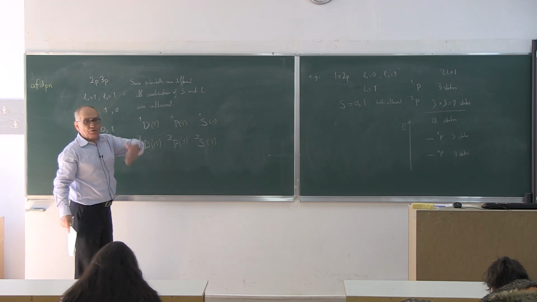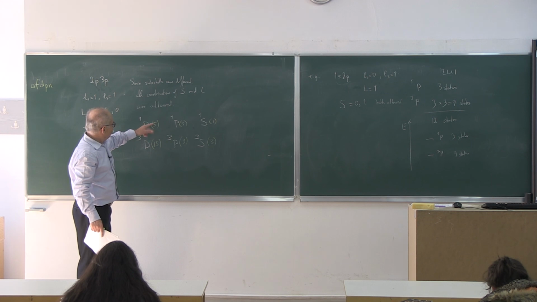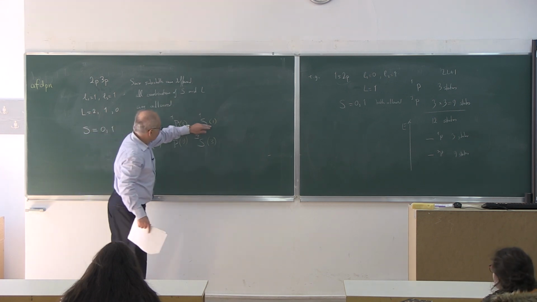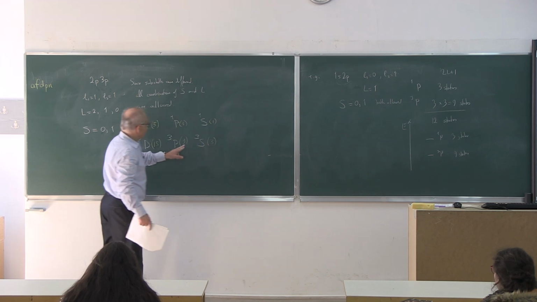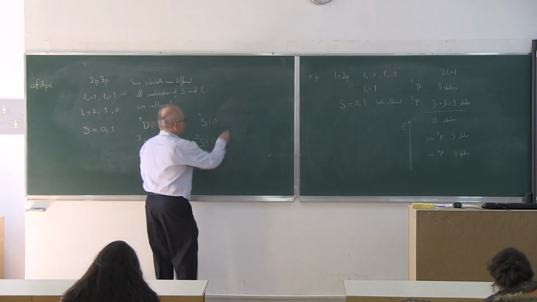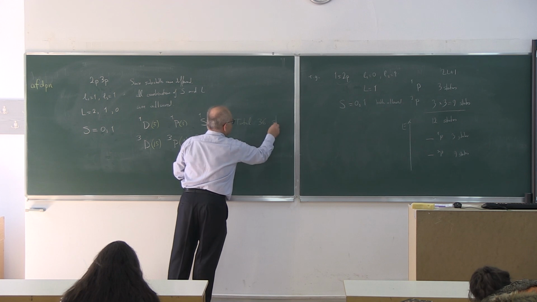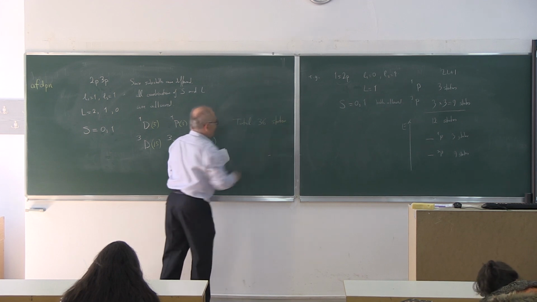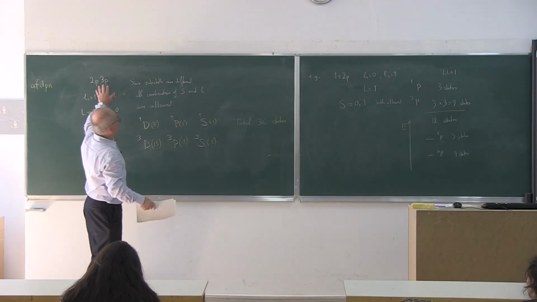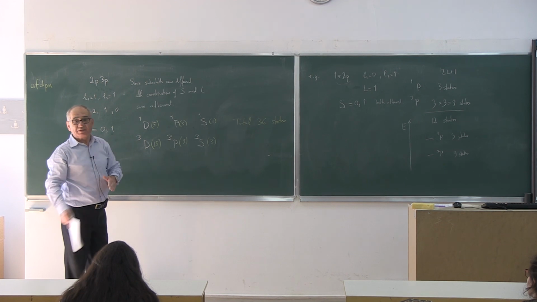Now, what is the total number of states? You just add up the number of functions in each term. 5, 8, 9, 12, 21, 36. Total 36 states. These 36 states all arise from this electron configuration. They occur in how many different energies?